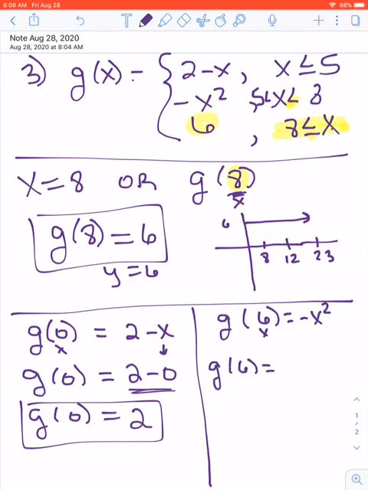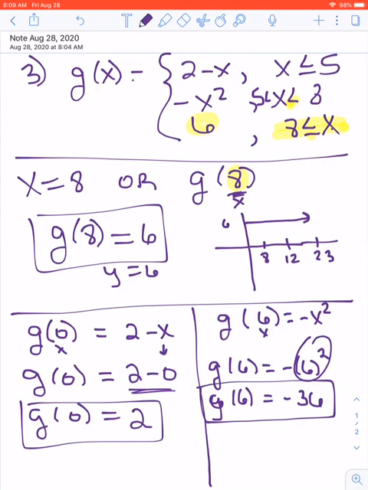So g of 6 is negative 6 squared. Square this first and bring down the negative out in front. So g of 6 is negative 36.